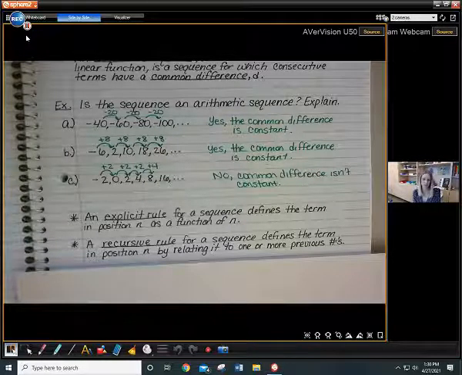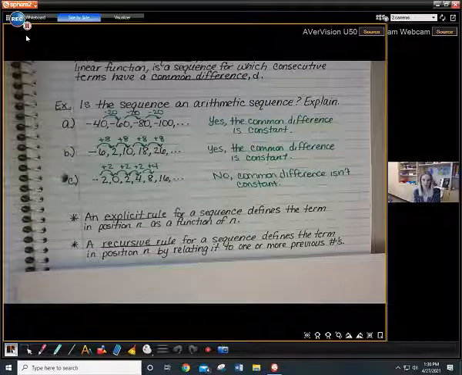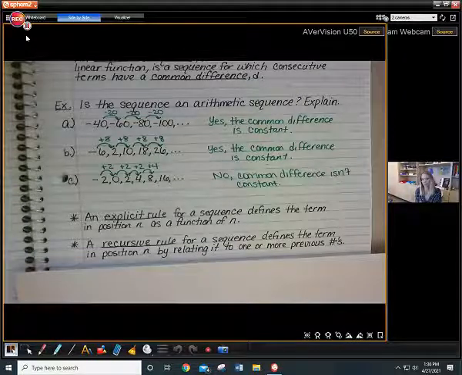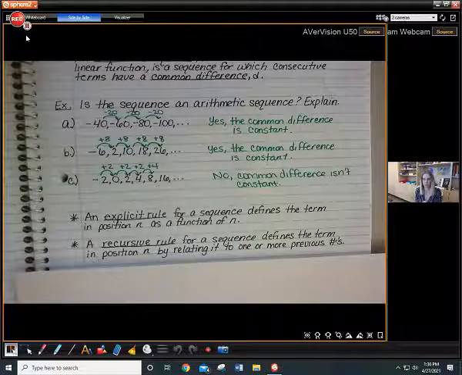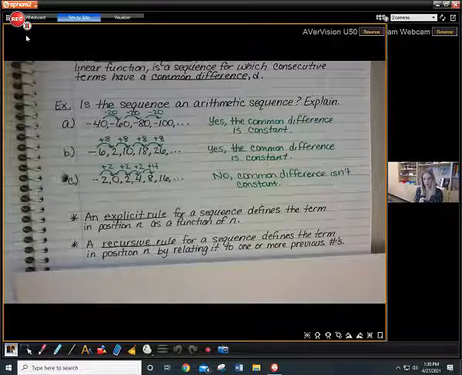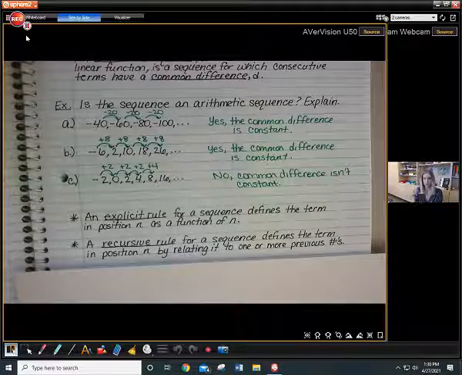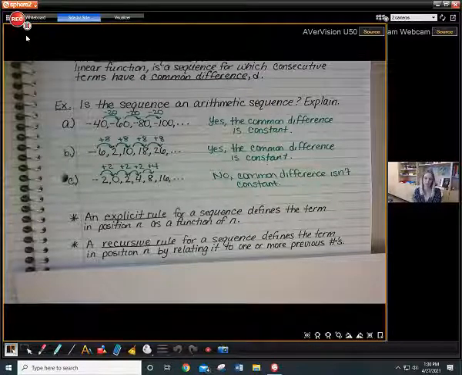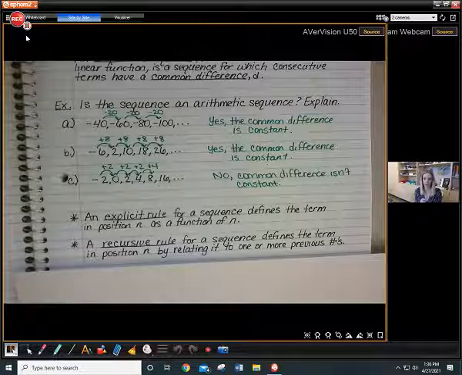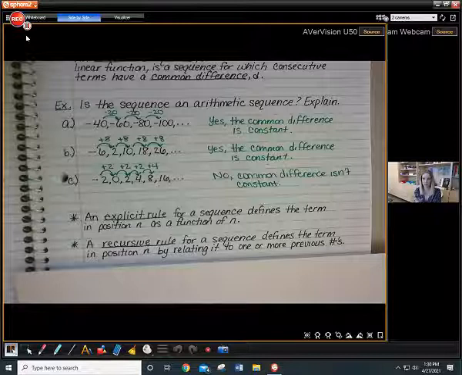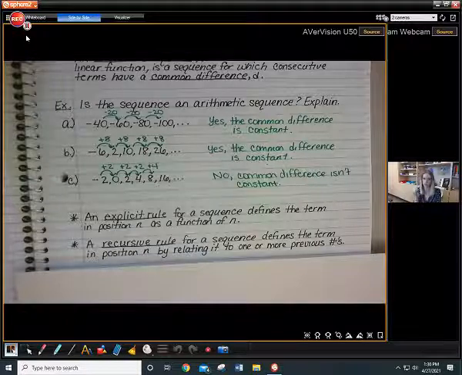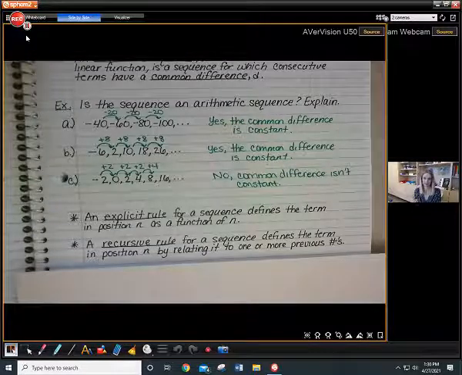So an explicit rule for a sequence defines the term in a position n as a function of n. So what that means is you're just basically coming up with an equation to predict the next number, right? So for example, if I want to write an explicit rule for the 20th term, the equation that I come up with, I can just plug a 20 in and get out the answer.